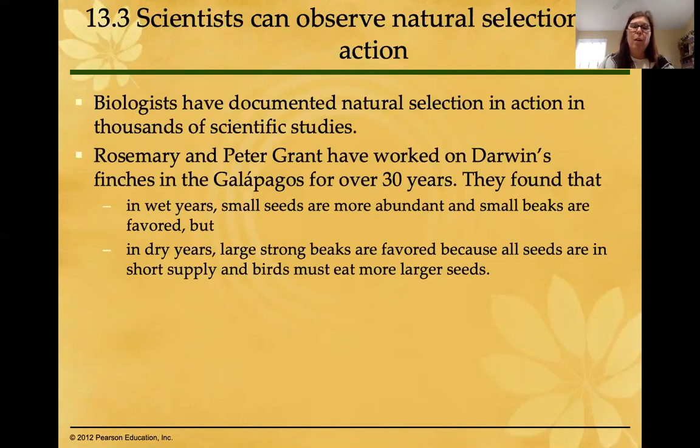Well, here they have been noticing these microevolutions in these finches for 30 years. They've been looking at it. So in wet years, small seeds on that island are more abundant. If you have a smaller beak, you're able to manipulate and crack those seeds open and eat them very well. If you have a large beak, you can't quite get the food.